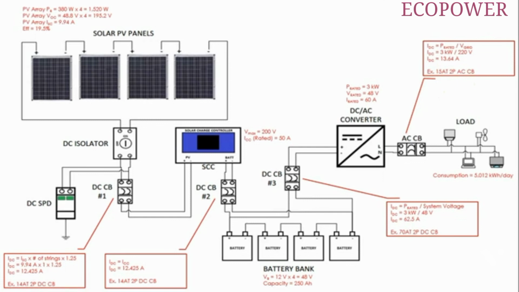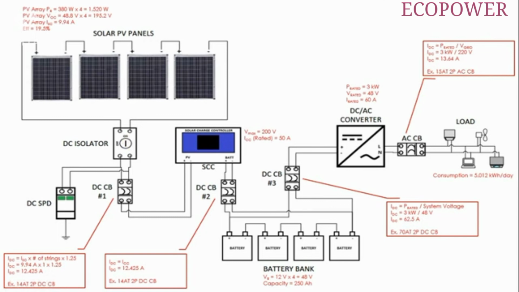The other accessories that I have not discussed are this DC isolator and the DC SPD. This DC isolator functions like a switch that you can manually operate to turn on and off or isolate certain parts of the system.